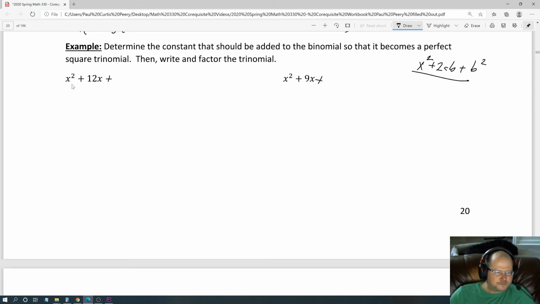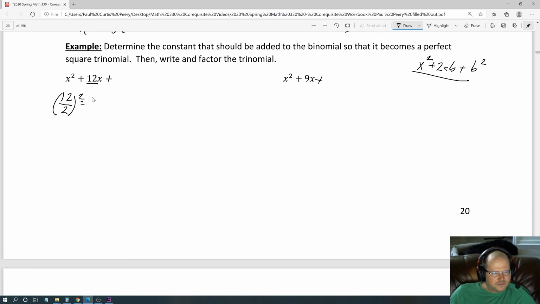What we do is take half of the middle term, in this case the coefficient of the x, right? So we're going to take half of that, divide by 2. And then we are going to square it. You just want to memorize this. The proof's in the book for this if you're interested.